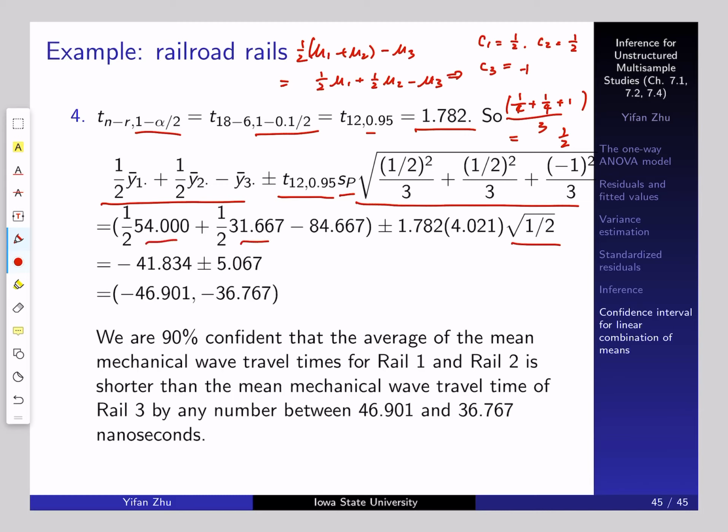And this y1 dot bar, y2 dot bar, and y3 dot bar can be found in the JMP output. This is the quantile, and SP is 4.021. Then the 90% confidence interval for this is negative 46.901 to negative 36.767.